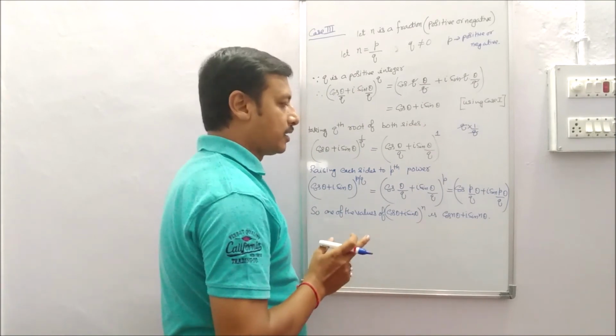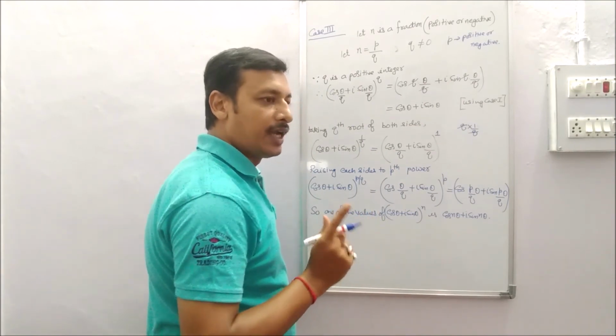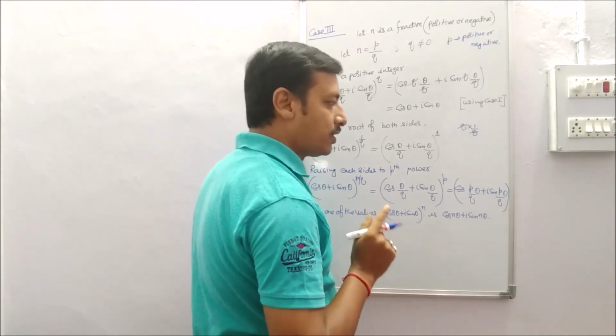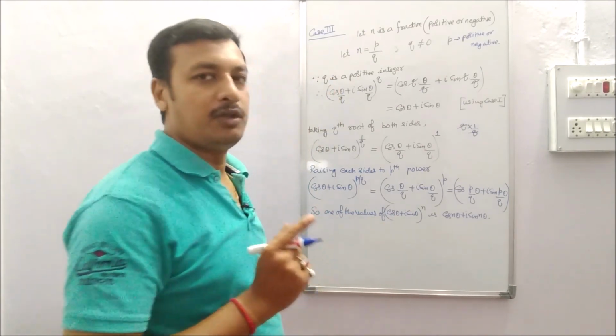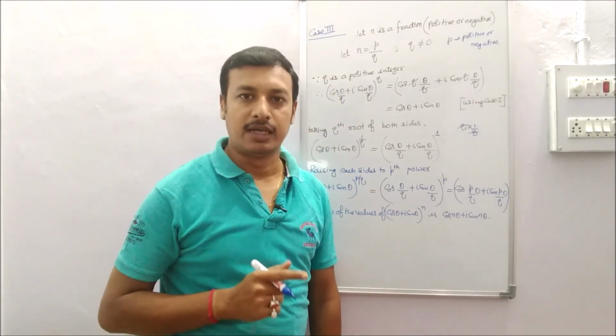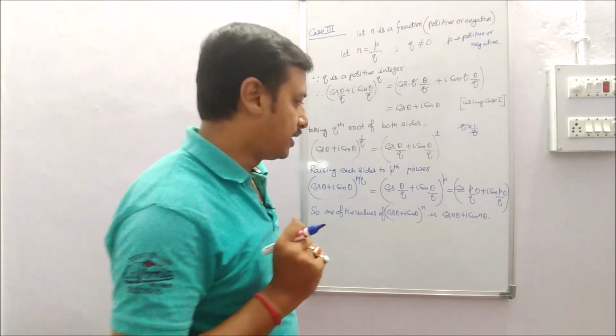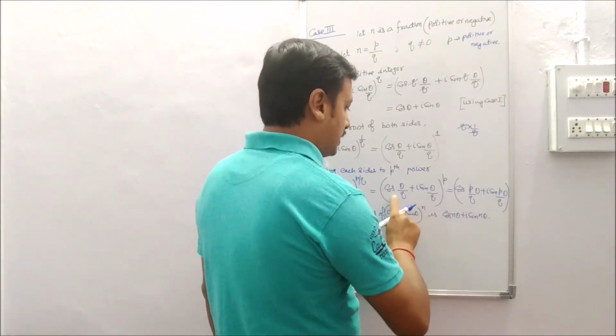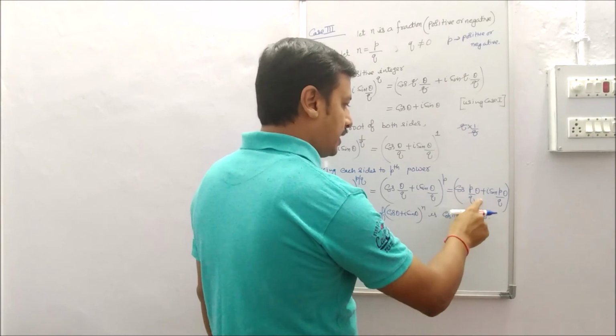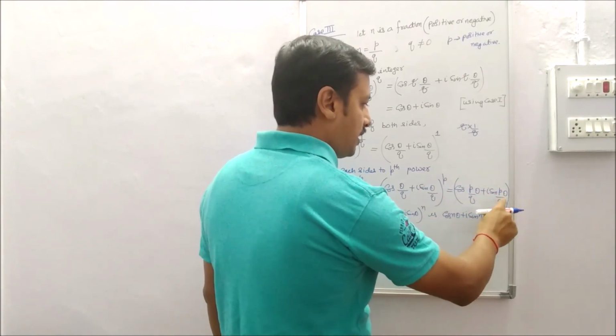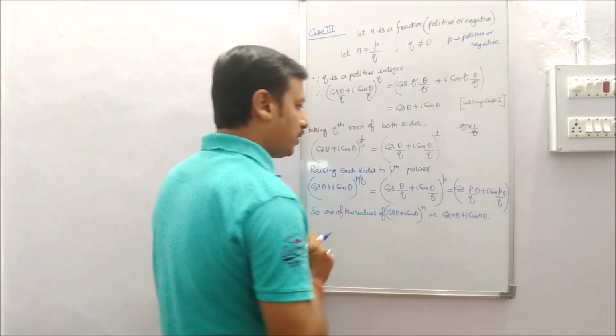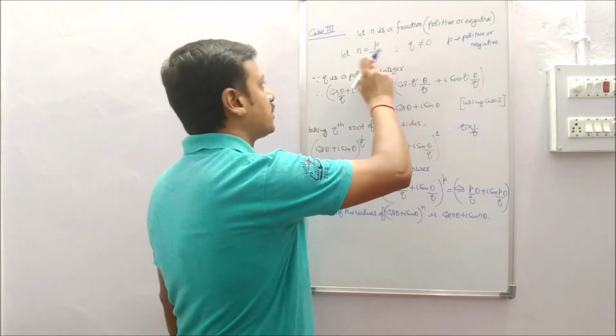In both cases, when n is a positive or negative integer, the value of (cos theta plus i sin theta) to the power n is equal to cos n theta plus i sin n theta. So here also it is cos p times theta by q plus i sin p times theta by q. So what is p by q? p by q is equal to n.